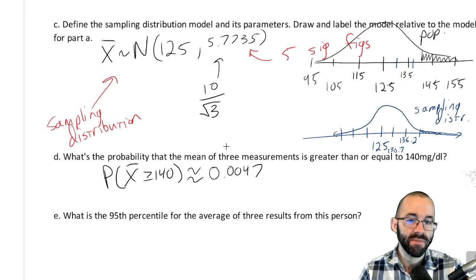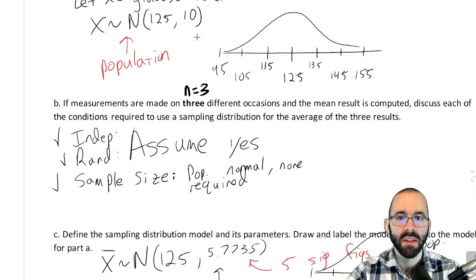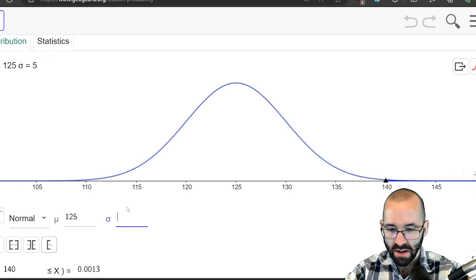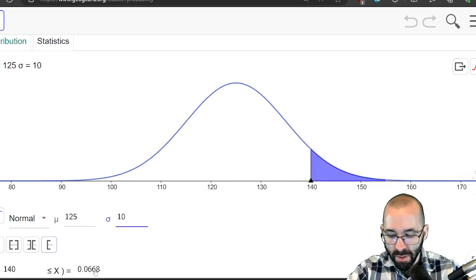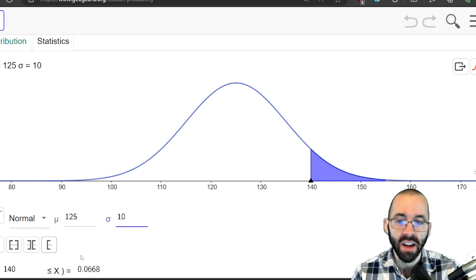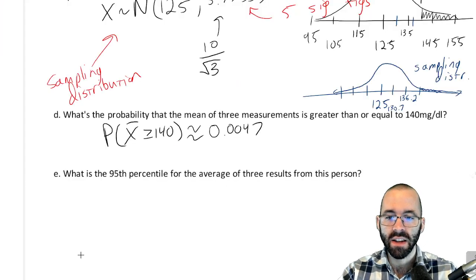Very unlikely. And just to put things in perspective, if we were looking only at 1, this probability would be almost 7% for a single measurement to be that big. But for 3 to be that big, it would be much, much less likely.